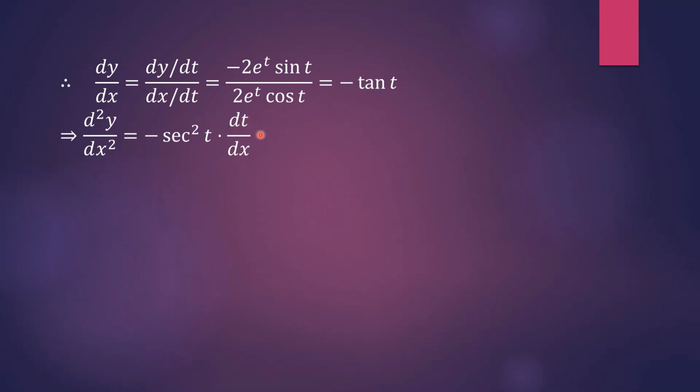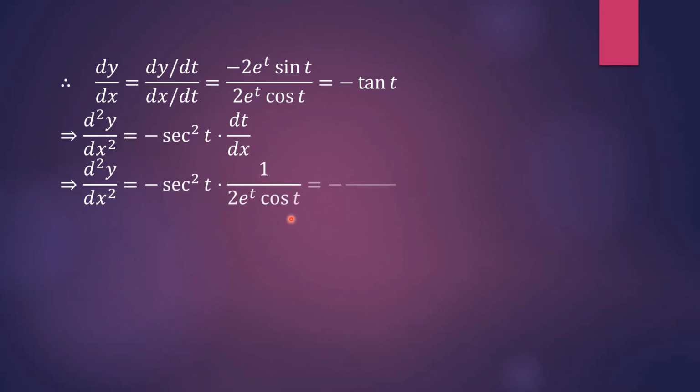Putting the value, dt/dx is actually the reciprocal of dx/dt, and the value of dx/dt is in the previous screen. So we put that value, dx/dt is actually twice e to the power t cos t, so it is the reciprocal, that means 1 by twice e to the power t cos t. We replace that value. d2y/dx2 will be equal to minus sec square t remaining the same, and it is 1 by twice e to the power t cos t.